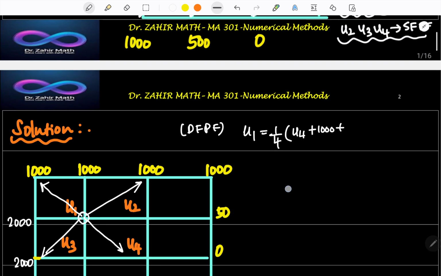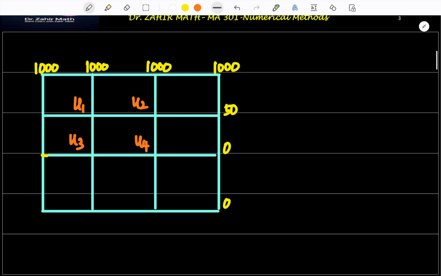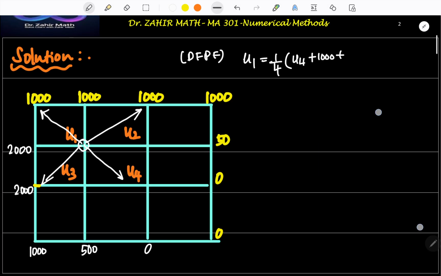Let me write the values here: 1000 and 500 and then 0 and then 0, and here it is 2000, here it is 2000. So U4 plus 2000 plus 1000. This U4 initially you are going to assume it's 0. So just put it in the calculator, you will get 1000.